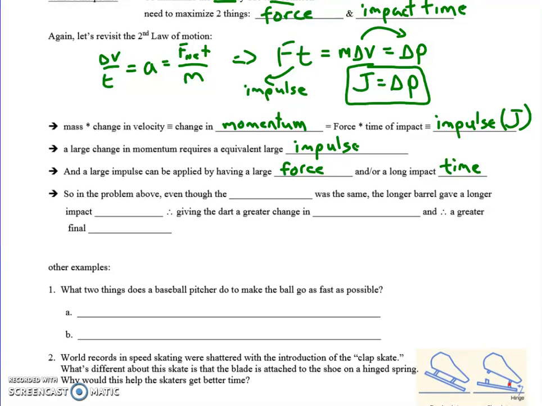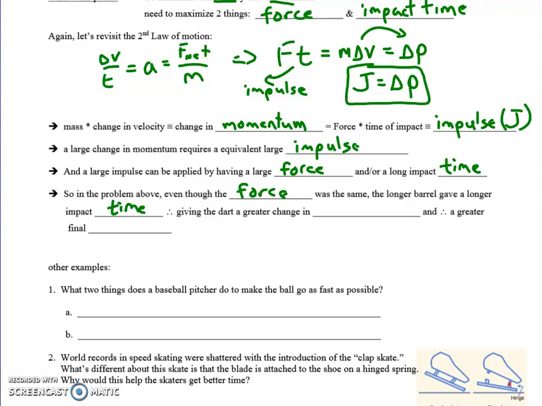So that's the cause. So in the problem above, even though the force was the same, the longer barrel gave it a longer impact time.